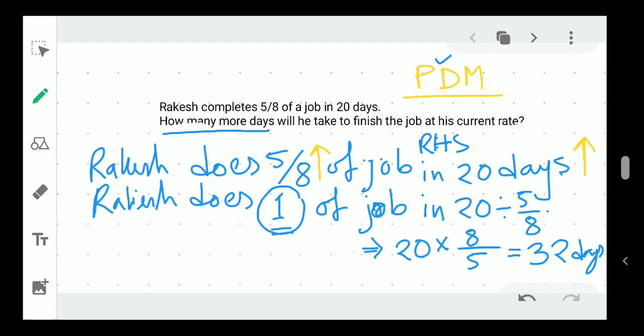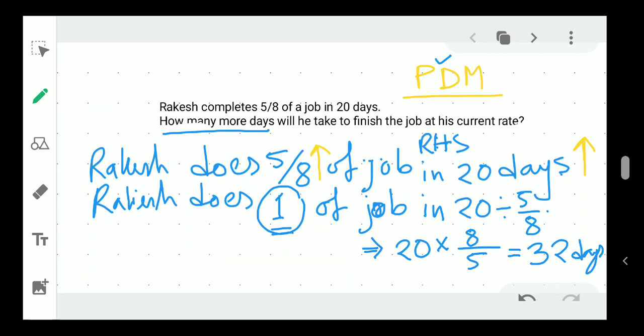In this kind of scenario we have also seen that total work means 1. Like in this case it is given that 5 by 8 of a job he has done. 5 by 8 means 5 out of 8 he has done. That means 5 portions out of 8 portions are done, and 8 is the total.